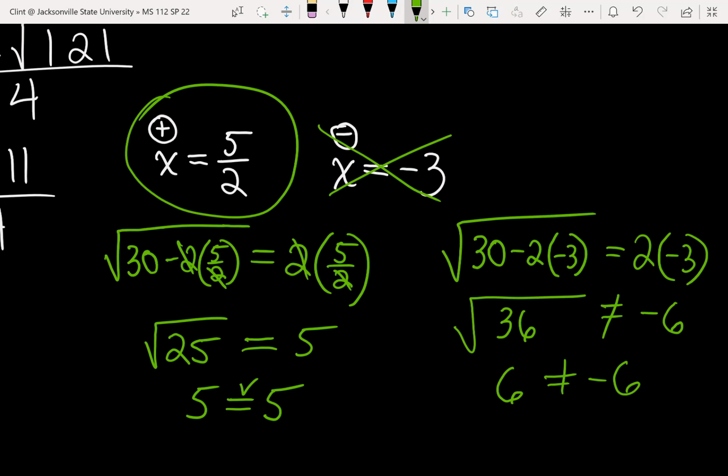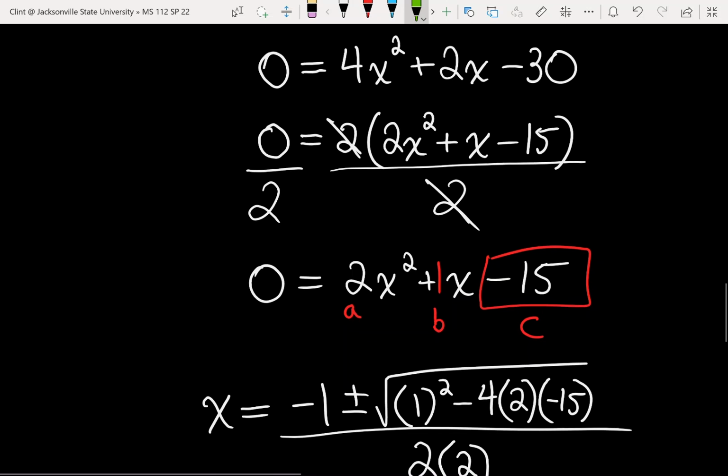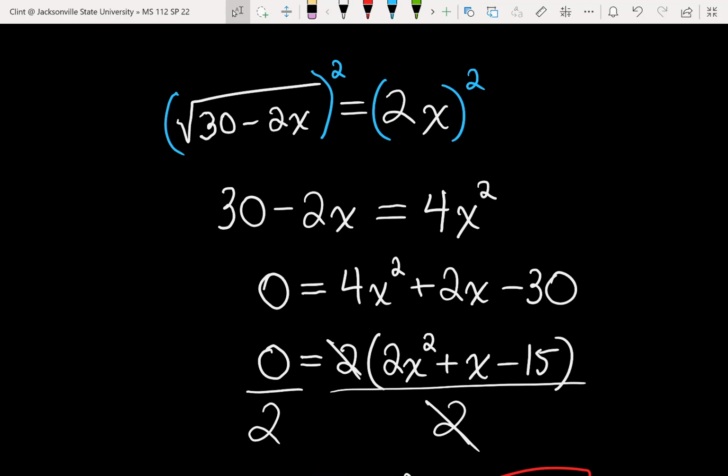Turned out to be a little long, but the new step was not anything bad. We just squared both sides and just kind of stunk because we got a quadratic, so we had to deal with that. Okay.